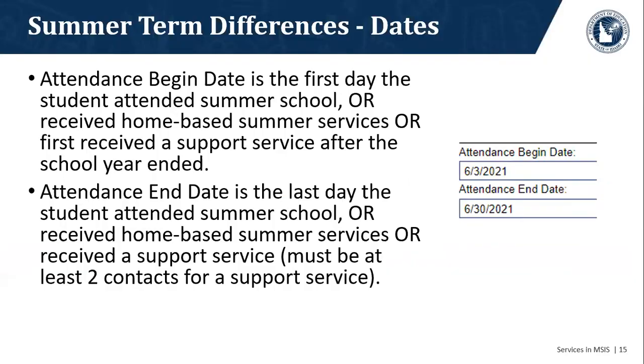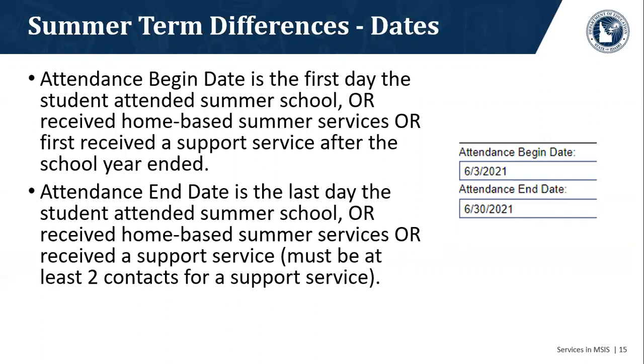So here are some differences. In the summer term, you will see a place for you to enter dates. So this example came from a student that actually was in summer school and started attendance on June 3rd and finished on June 30th. And that is not to say that the summer school dates were June 3rd to June 30th. That says this particular child attended from June 3rd to June 30th.